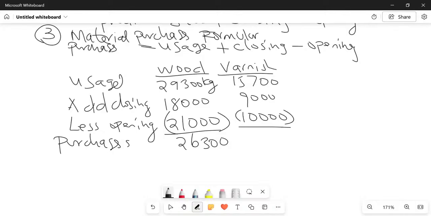14,700. Remember, purchases has to be given in form of Kenya shillings. So give us here price per kg or per liter. This has to be given in form of Kenya shillings.